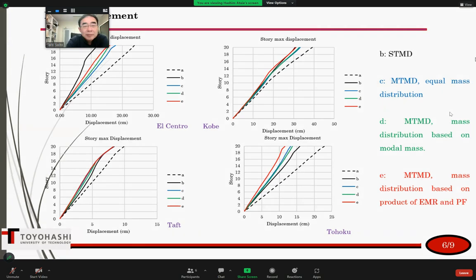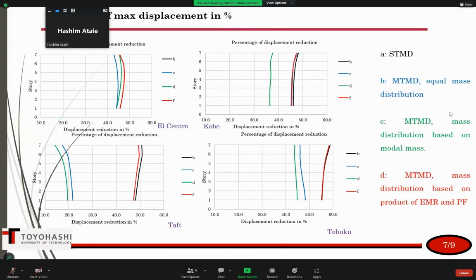And for 7 story also, we can see that the red line, which is the third method, is better than the other two methods, equal mass and mass distribution based on modal mass. But in many cases, the multiple TMD, when the mass distribution is done based on the third method, is very close to single TMD.